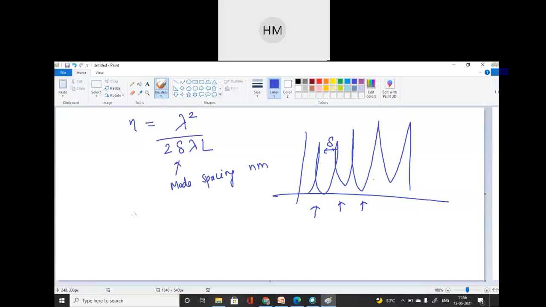Then the next formula, 3 dB spectral bandwidth. The 3 dB spectral bandwidth is given by, you can write down the formula, C upon 2NL.